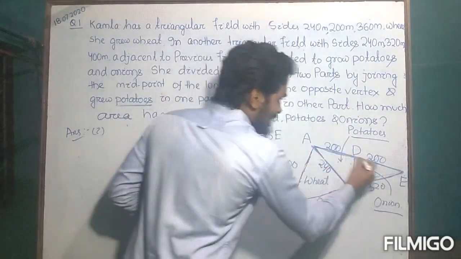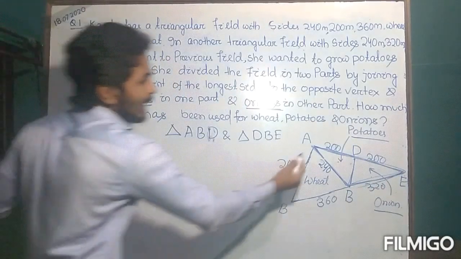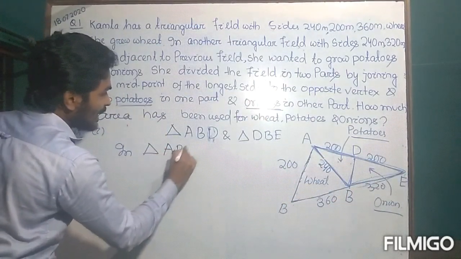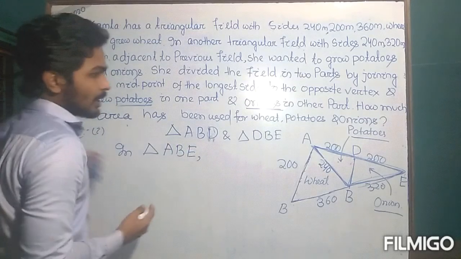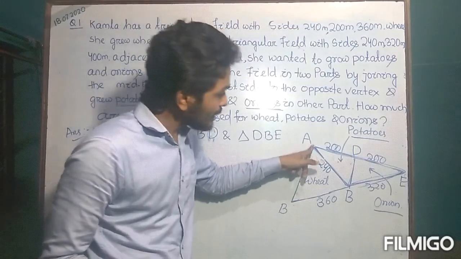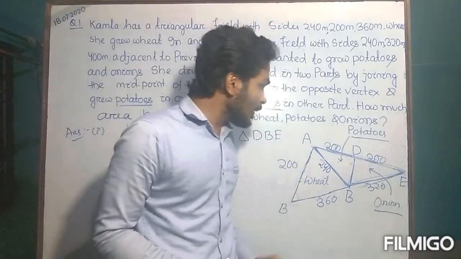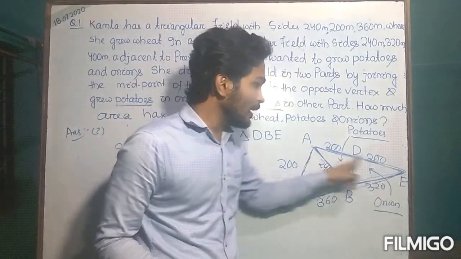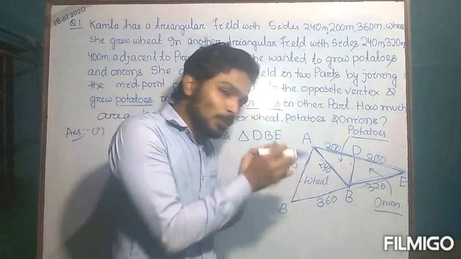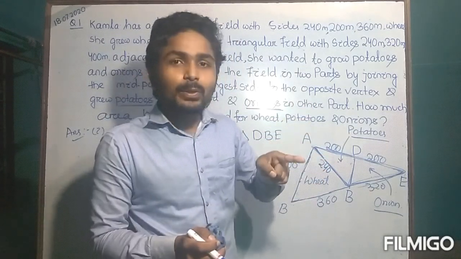So in triangular field ABE, look carefully, it is given that the sides are 400 meter, 240 meter, and 320 meter. So if we can calculate the total area of this field and divide it into two equal halves, then in one half she will grow potato and in the other half she will grow onion.